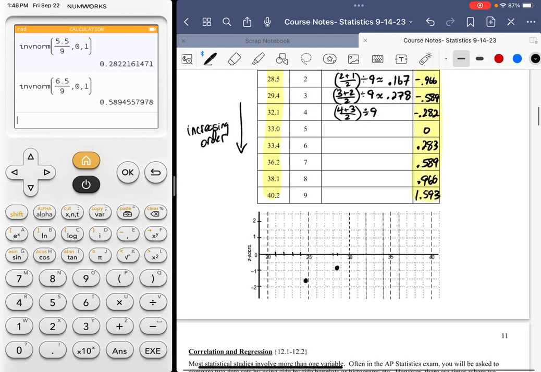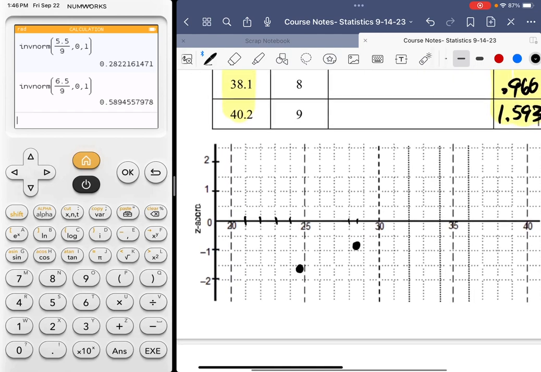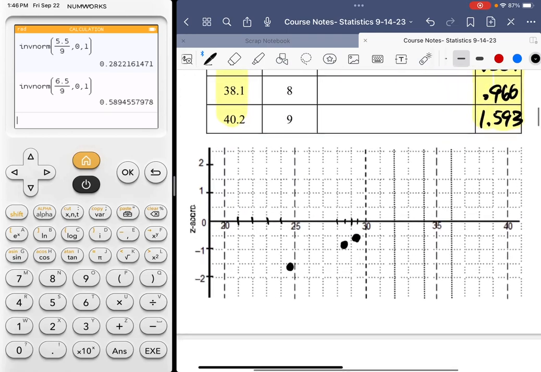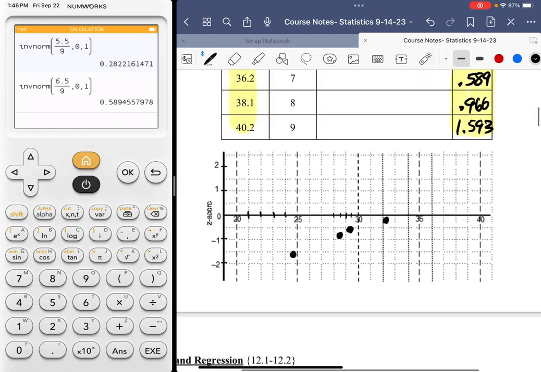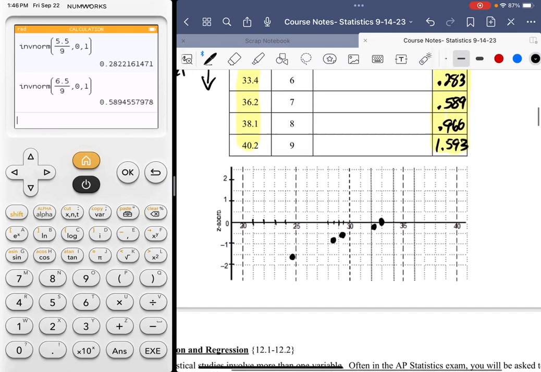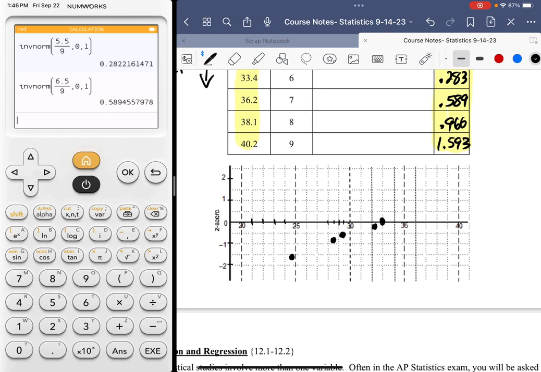Then 29.4 and a little bit more than half a unit down. So here's 29, so 29.4 is about right there, a little bit more than half a unit down. Negative 0.282 along with 32.1. So this neighborhood here, 33 right on the line. Then 36.2, so here's 36, a little bit after that, pretty close to the line.